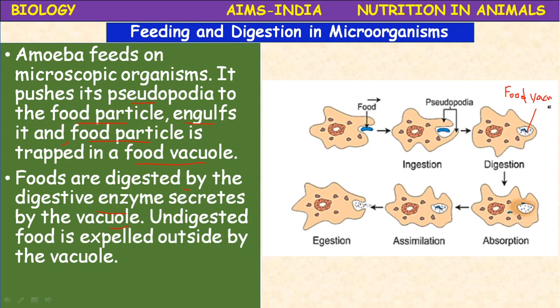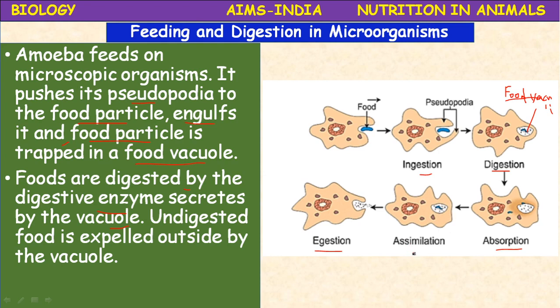So this food vacuole can digest the food material. The undigested food material is again expelled out from the food vacuole. That process is called egestion. First ingestion, then digestion. Then what happens after digestion? That food material is absorbed, absorption.